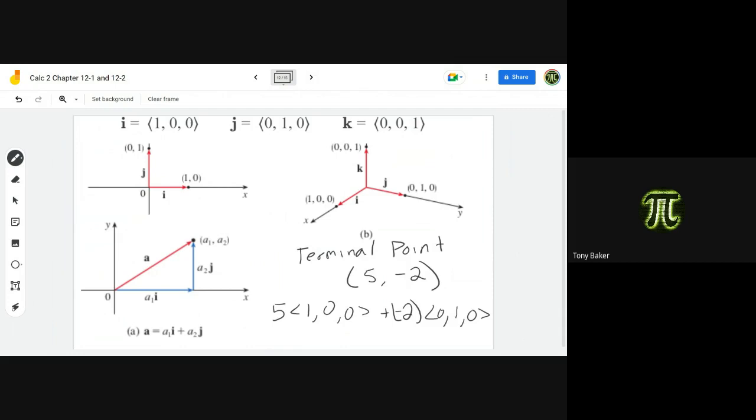And the nice thing is since we know it, we don't have to write it out. This is only 2 points, so I only really need the 2 numbers on this one. So in this case, we'd have 5, 0 and 0, -2. If we add them together, that would be my 5, -2 as my vector.